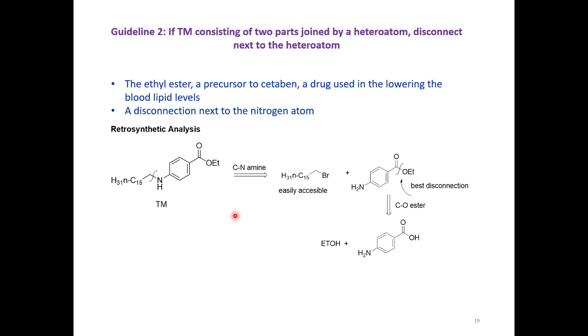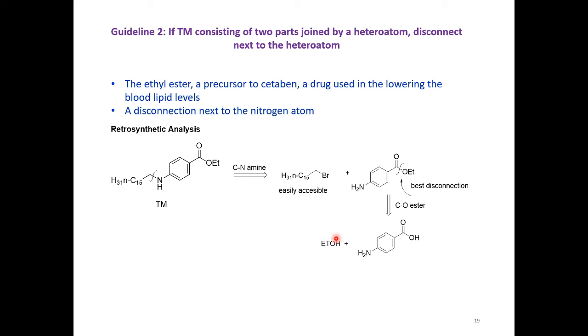So we will have the C-N amine disconnection, so we will get this alkyl halide which is easily accessible and then this amine.